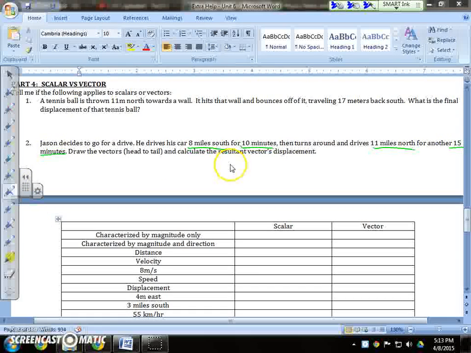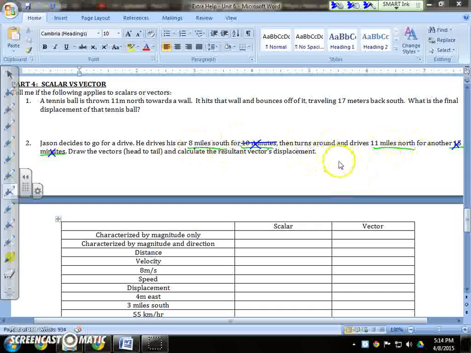Well, if this had said calculate the resultant vector's velocity, I might care about the 15 minutes, and I might care about the 10 minutes. Actually, I really would. But since it says just displacement, all I'm worried about in this case is the miles south and the miles north.